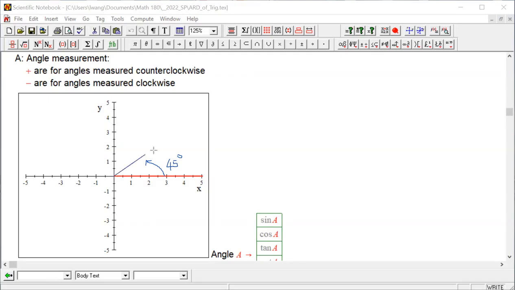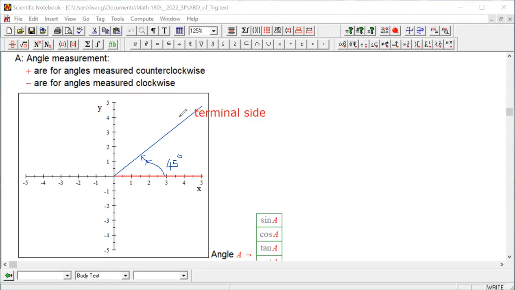We measure from standard position, and this is the angle, 45 degrees, which is right here. This standard position is called the initial side, and this side is called the terminal side.